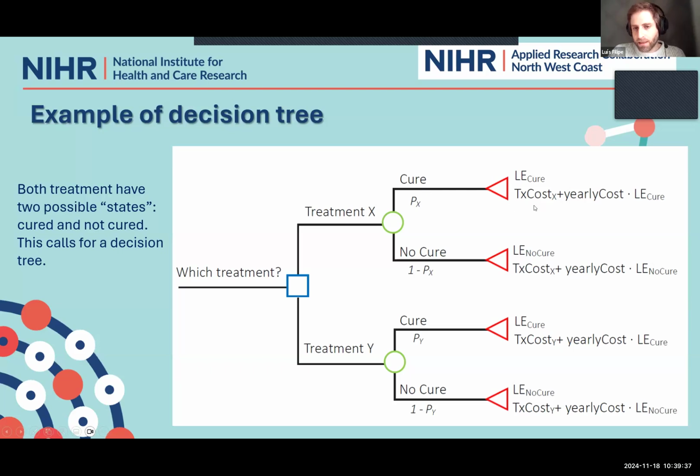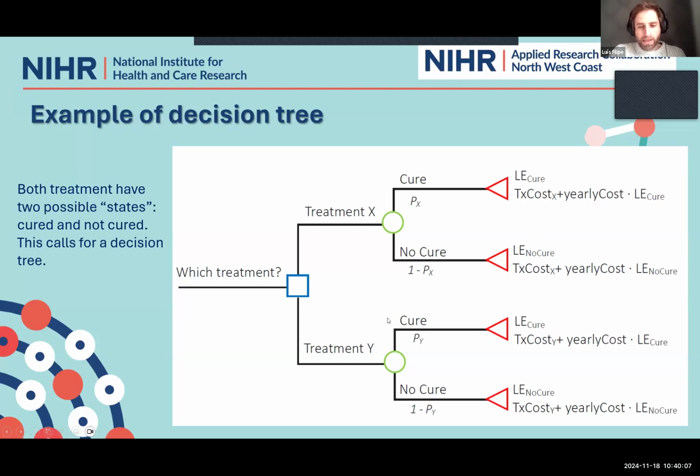In this case, they are modeling it as you pay the treatment cost, which is the first term, and then you pay just for staying alive, for living. So it's a treatment cost, and then a yearly cost times the life expectancy. The same for no cure: you have the treatment cost, which should be the same as the cure one, and then the yearly cost, which again should be the same, but multiplied by a lower life expectancy.